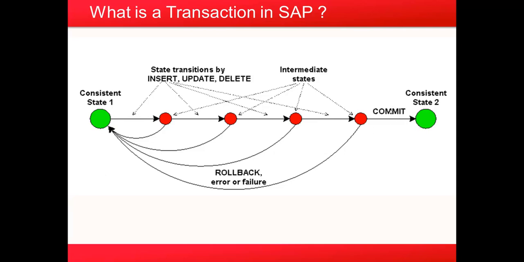If there is no commit, whatever happened will be rolled back. If a transaction is ended with a rollback or terminated in any other way, the database system reverses all the changes made during the transaction. Both commit and rollback open a new transaction implicitly.